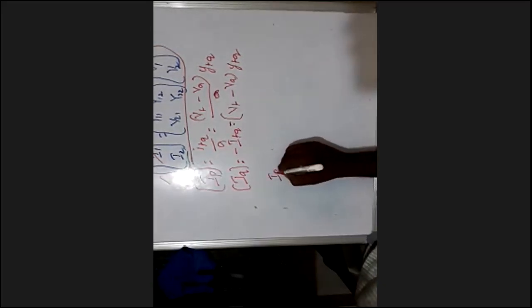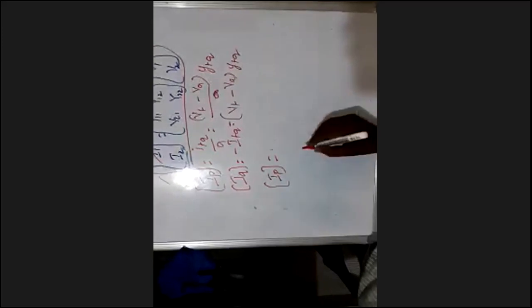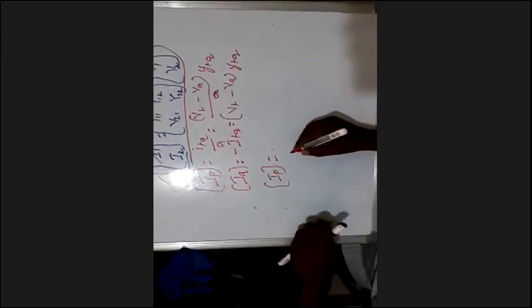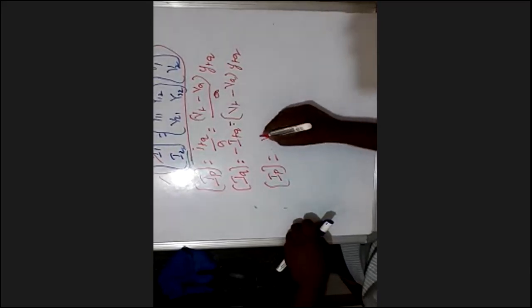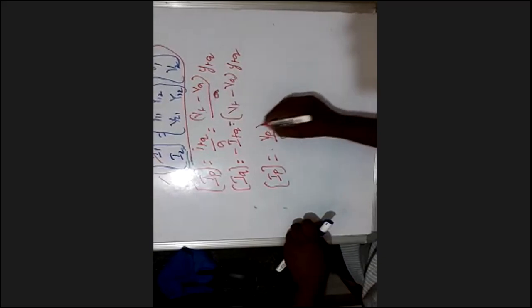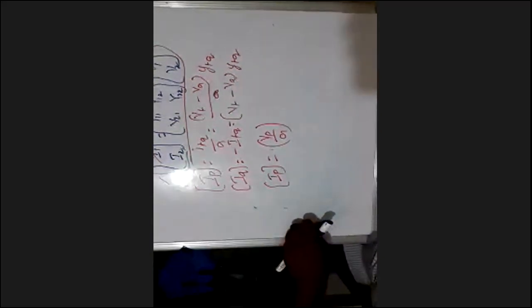So therefore, IP is equals to VT. So VT is nothing but, what will be my VT? VP by A. రాసుకోవచ్చా? Sir, VP into A. Just check it.